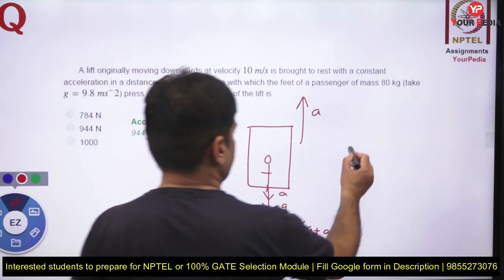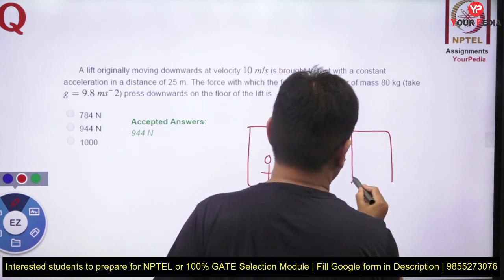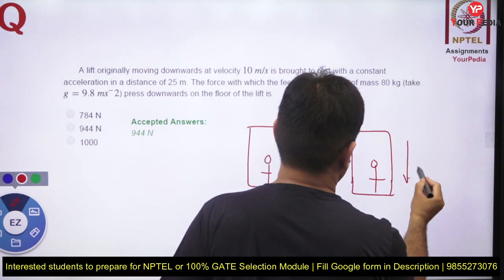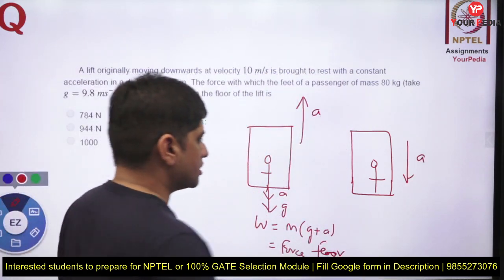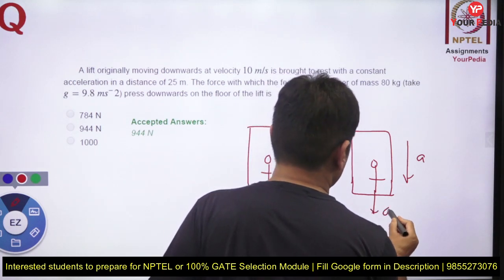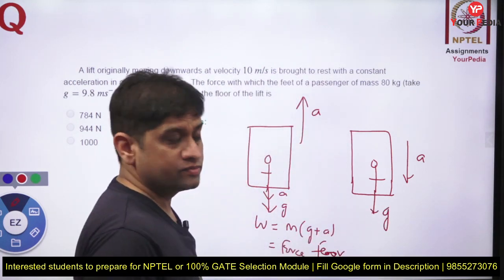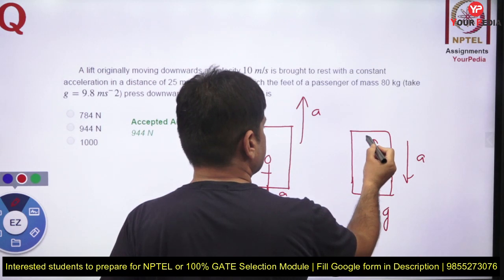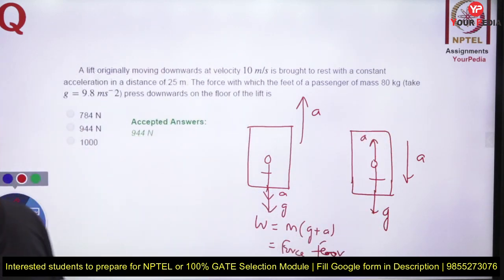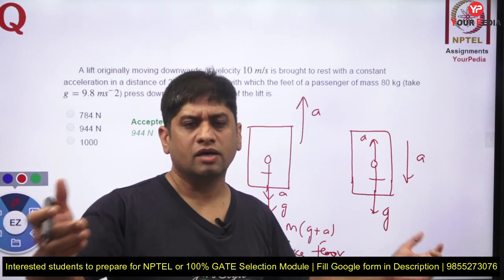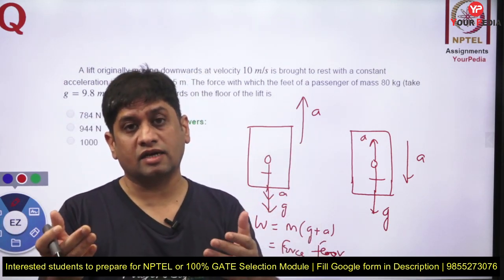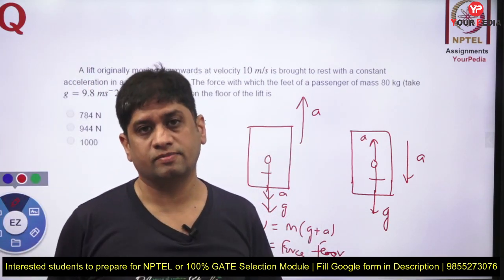Now let us take the second case. In the second case the lift is now accelerated downward. If the lift is accelerated downward, then acceleration due to gravity will be acting downward, but reactionary acceleration is acting upward on the passenger. The lift is accelerating downward, it is a non-inertial frame, but reactionary acceleration is acting on the passenger in the upward direction.